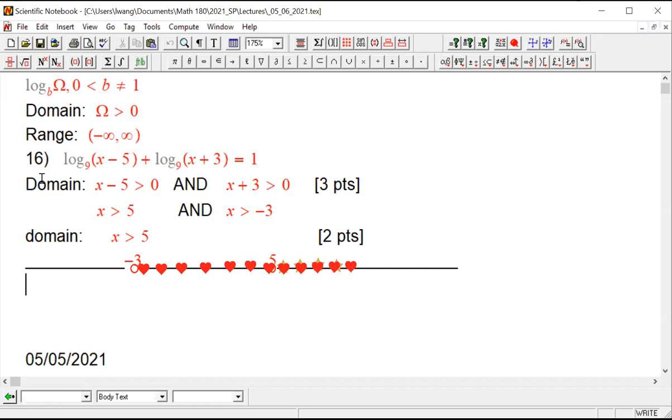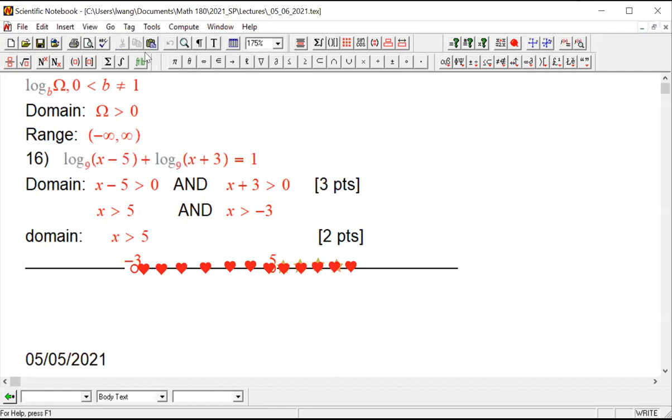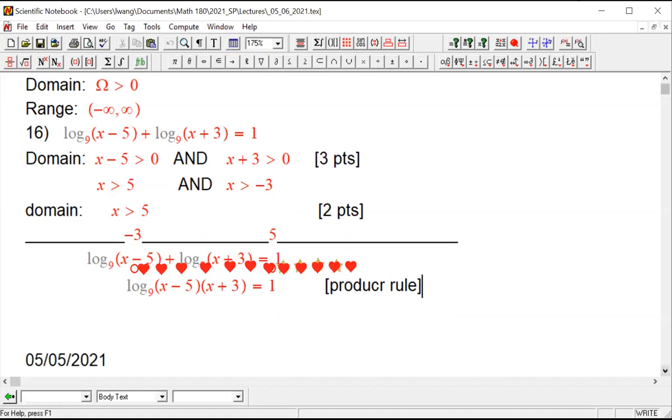All right, and then we're going to solve this equation. To solve this equation, of course, we're going to use the product rule. With the product rule, we get the multiplication of these two, x minus 5 and x plus 3.